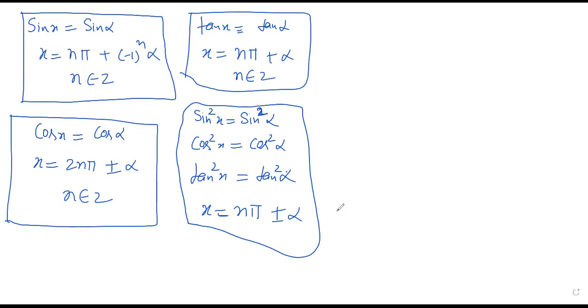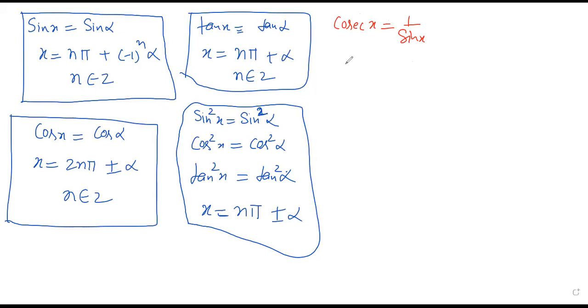Okay. Now everyone knows that cosec x equal to 1 upon sin x. Suppose the question says cosec x equal to cosec alpha. So what is the general solution? The same one as for sin x.